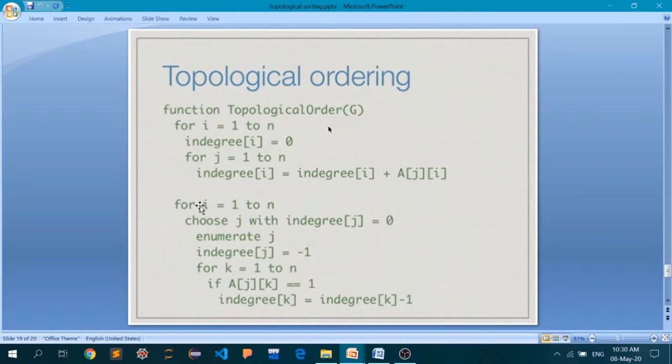For every possible j, if that combination holds the value of 1 in your adjacency matrix, then you can update the in-degree of i to the initial value plus the edge, and this value must be 1 in your adjacency matrix. So this is what I am saying.